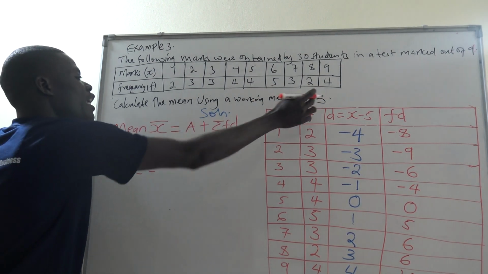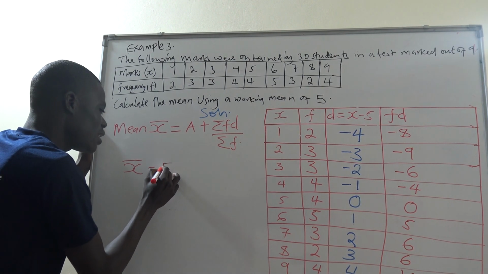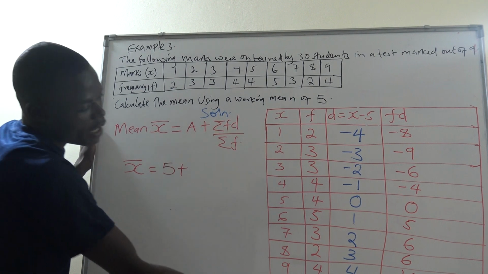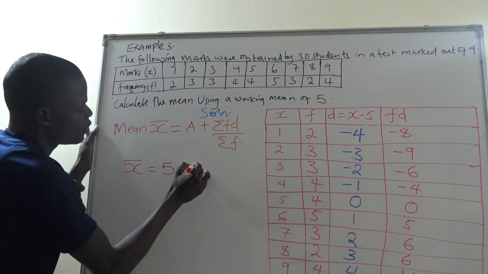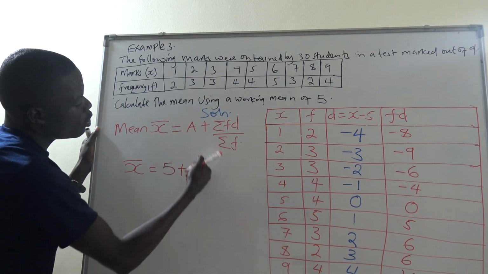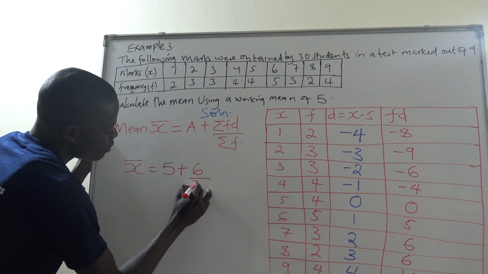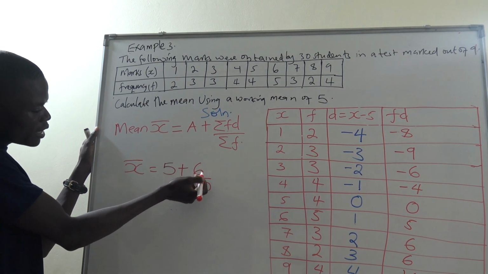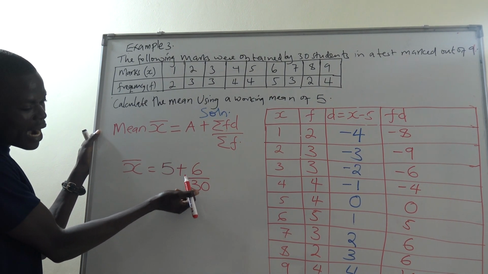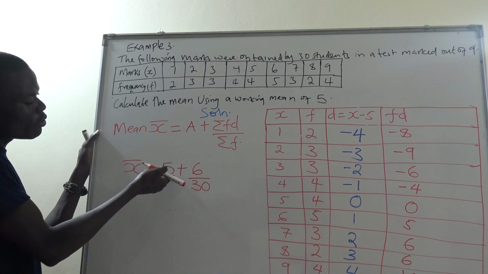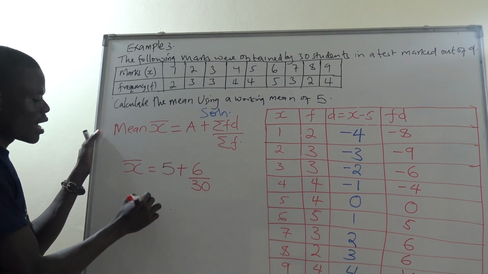A is the working mean, which they have given us as 5. Then plus summation of FD is 6 out of summation of F, which is 30. Make sure this 6 is the only item divided by summation of F. If you make it to be out of 5 also, you will get a wrong answer.